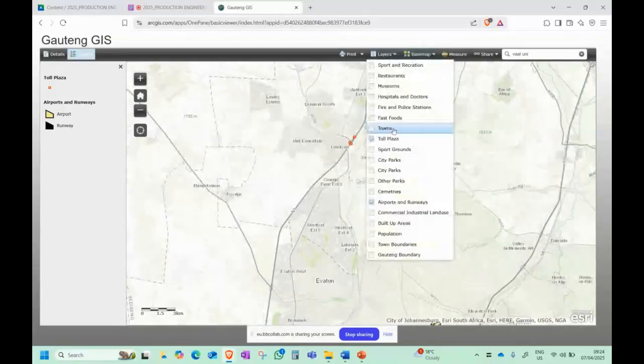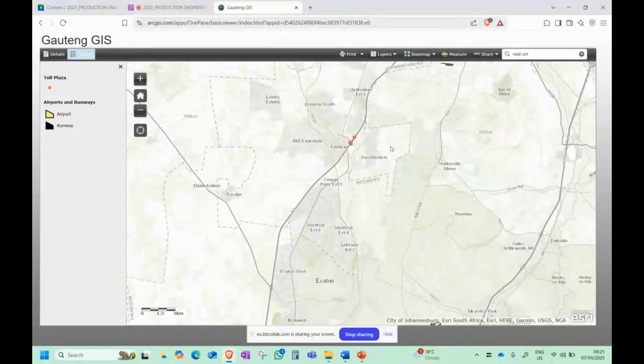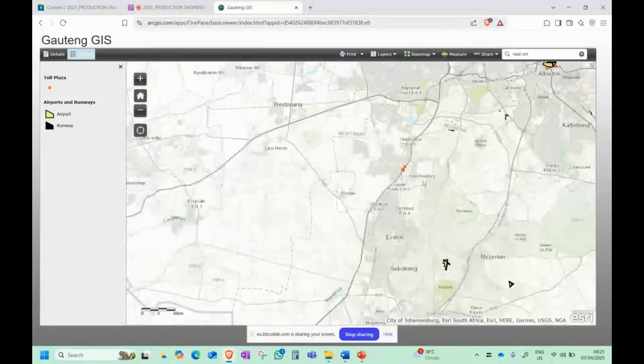So if you wanted to see fire, police stations, cemeteries, city parks, sport grounds, if you wanted to see towns, fast food outlets, museums, and stuff like that, all these things that you want to see, you can always press and then zoom out and see what is happening there.